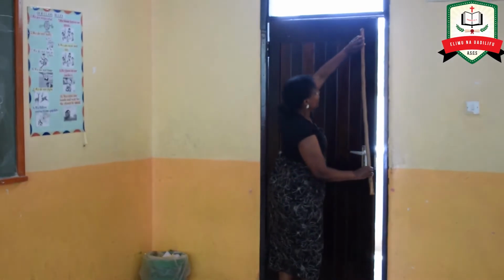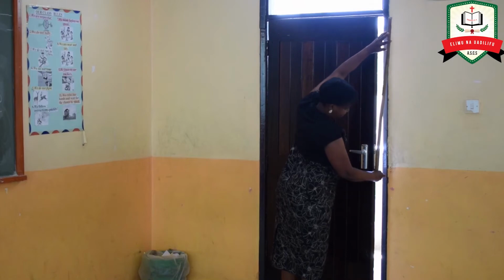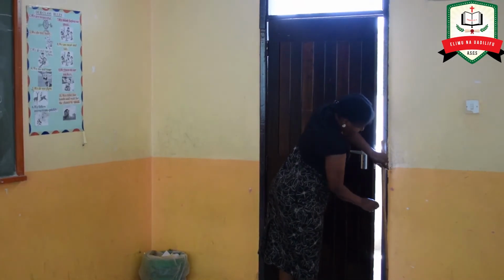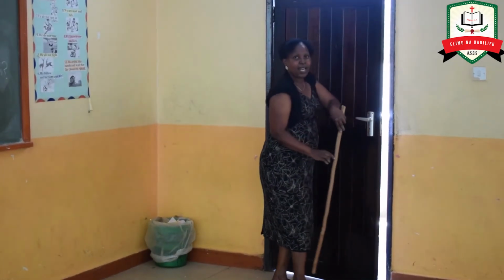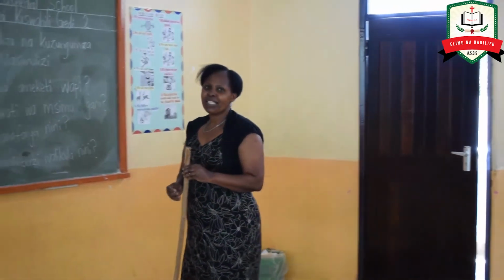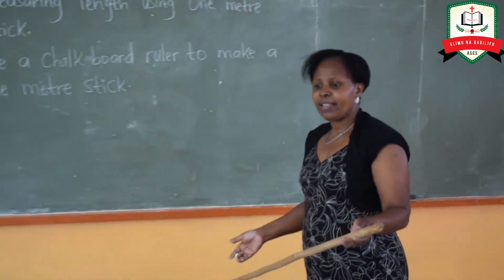How about the longer side? We can say the classroom door is 2 meters long. Okay, boys and girls? So you can try.